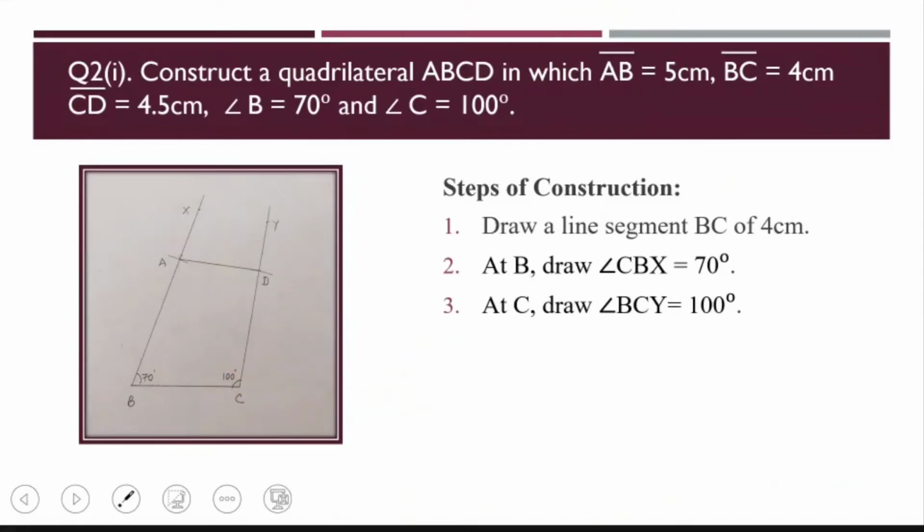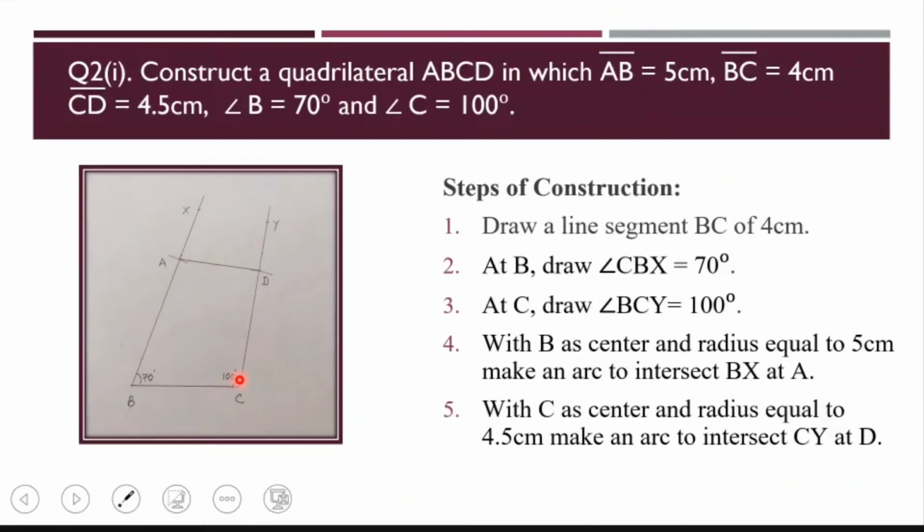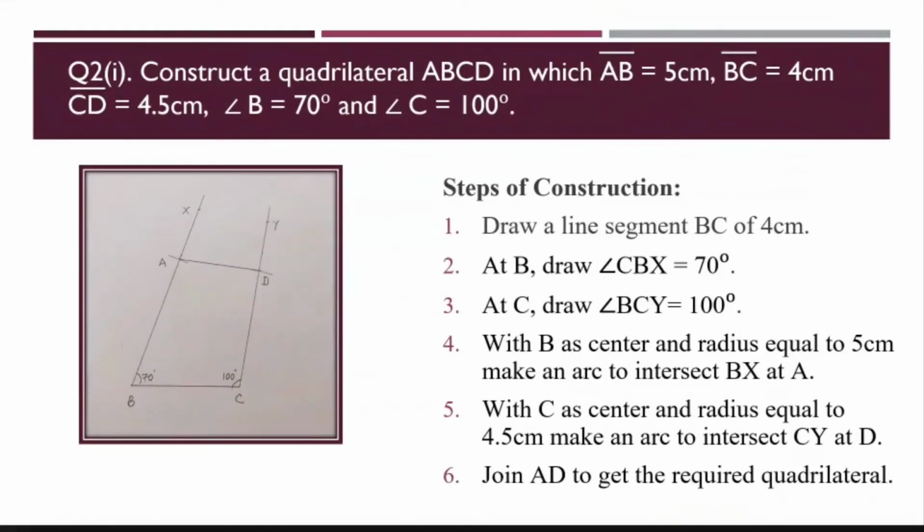Then with B as center and radius equal to 5 centimeters, I made an arc on the line BX to get point A. Then with C as center and radius equal to 4.5 centimeters, I made an arc on the line CY to get point D. I joined AD to get the required quadrilateral ABCD. So this is the construction.